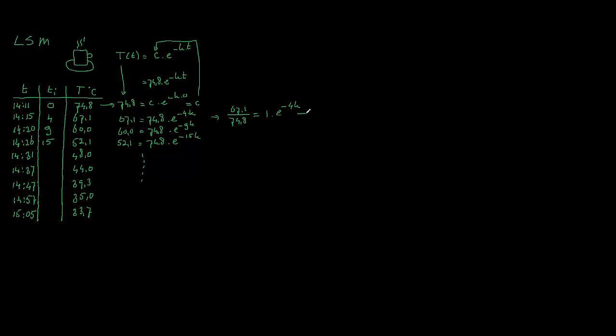So this will be something like 0.8971 equals e to the power of minus 4k. Next one will be 60 divided by 74.8 equaling 1 times e to the power of minus 9k, or 0.8021 equals e to the power of minus 9k.